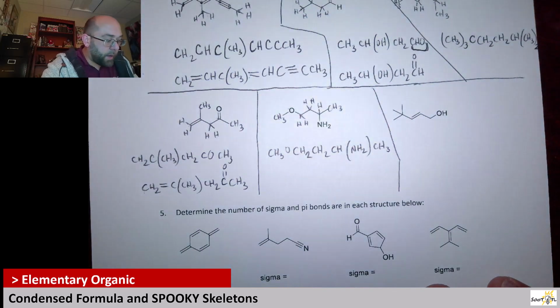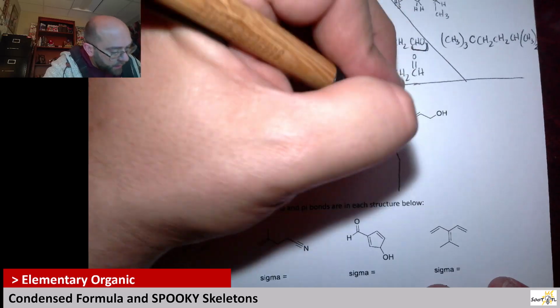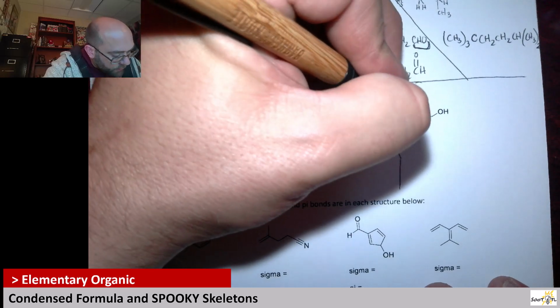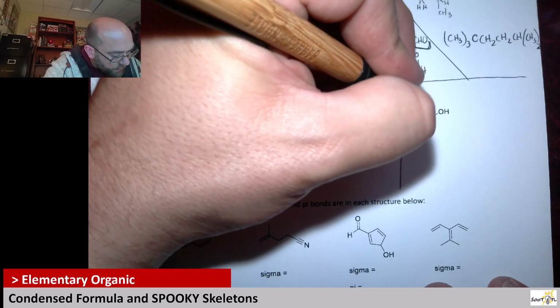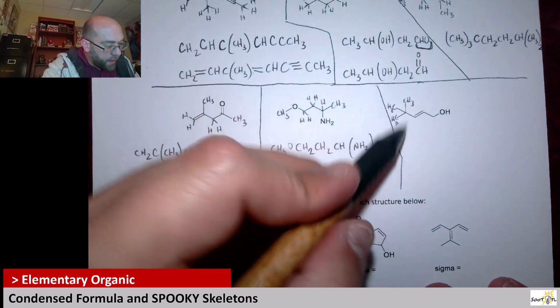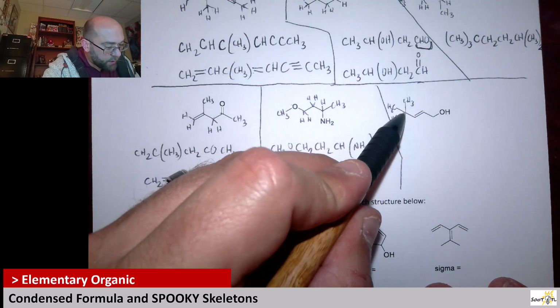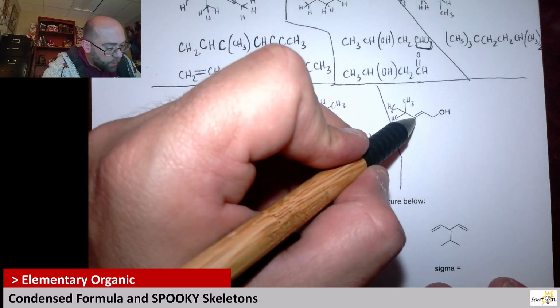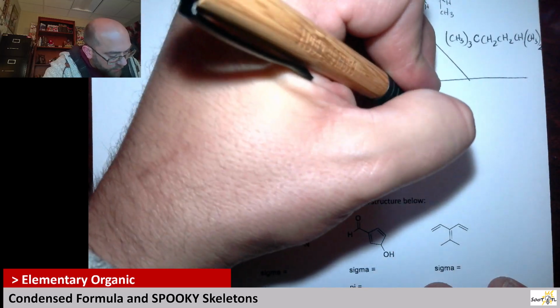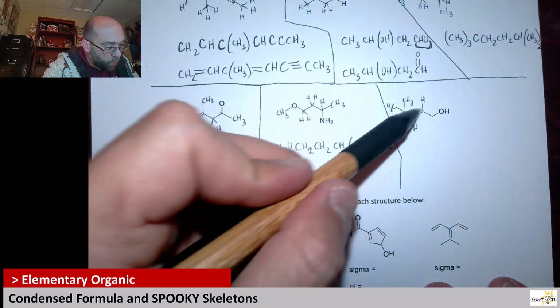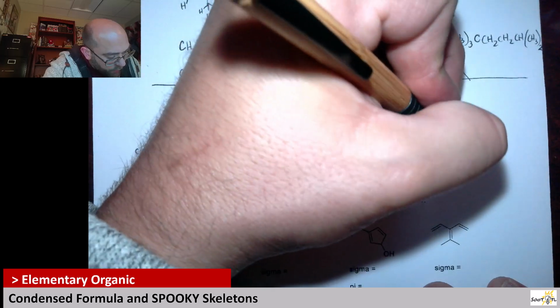All right. Now if we go and show this guy here, we've got CH3, CH3, CH3. That carbon would have no hydrogens because it's got 1, 2, 3, 4 bonds. This carbon has 1, 2, 3, so it's got 1 hydrogen here, just like this guy up here. So each one of those just has 1. And then this carbon has 2 hydrogens.